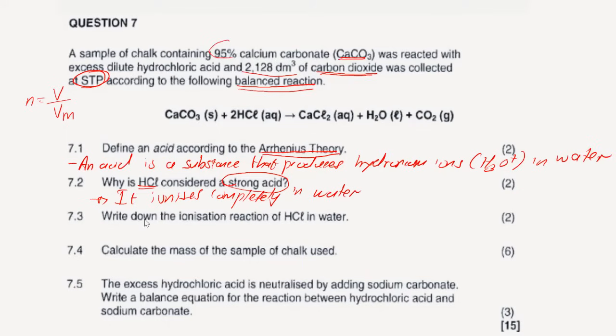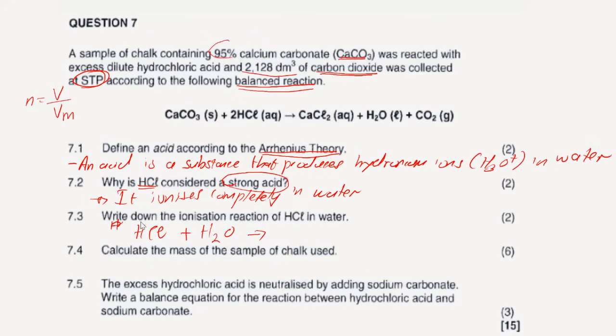Now they say write down the ionization of HCl in water. So we simply do this to show the ionization of HCl in water. You simply say HCl reacting with H2O. Remember, according to Arrhenius theory, if this hydrochloric acid is reacting with water, this is an acid. It must do what?